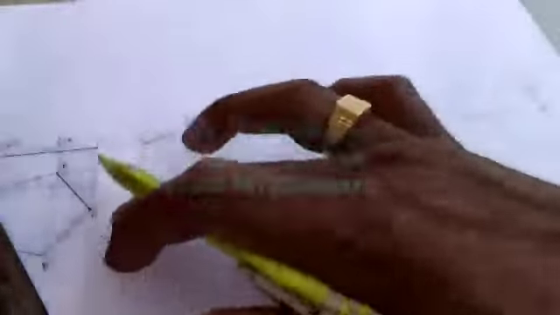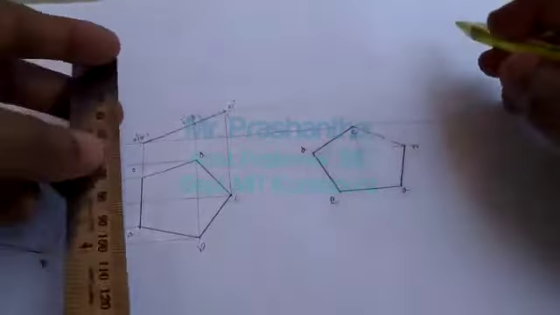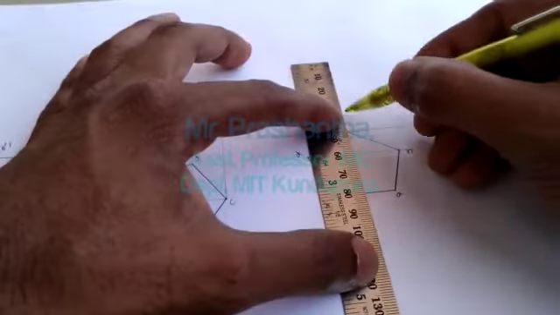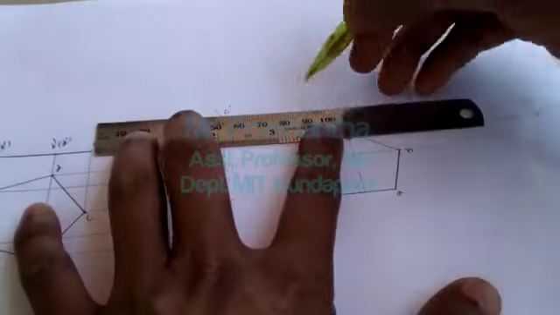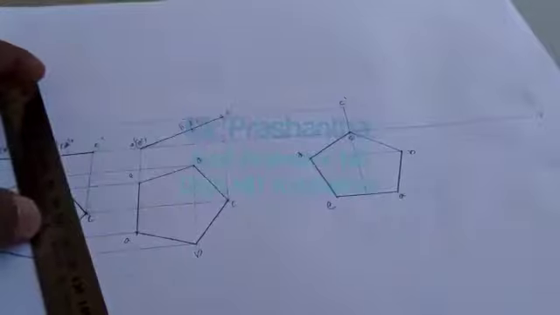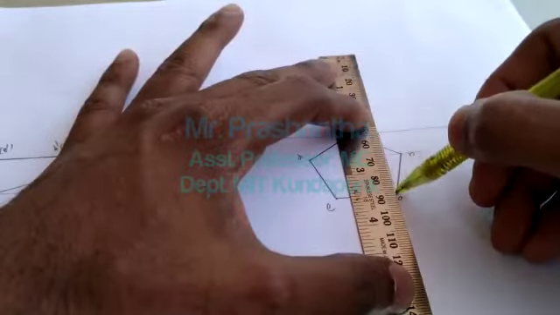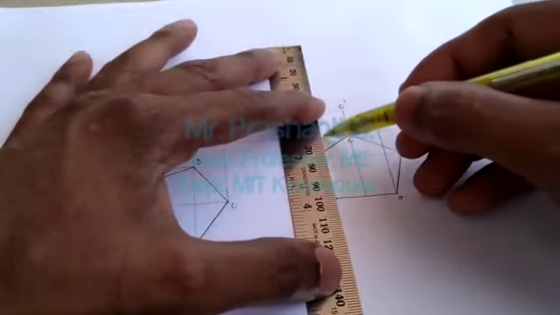Okay, this is the reconstruction of this pentagon over here. Next, project it upward to get the final position in the front view. First, C to C dash. Then A to A dash, E to E dash.